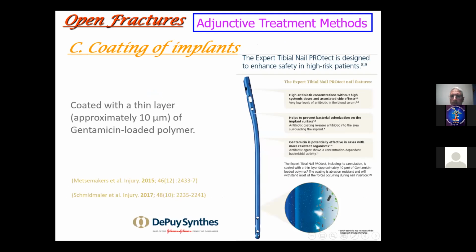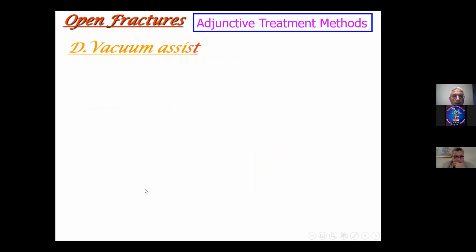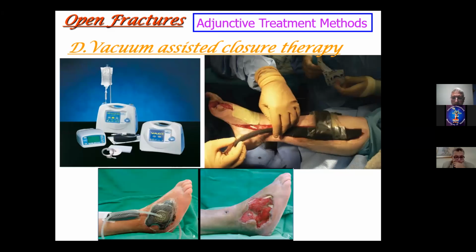Now we have available Expert Tibial Nail Protect, which has a coat of gentamicin loaded polymer. If you want to refer to the reported studies, these are the 2 papers regarding this.